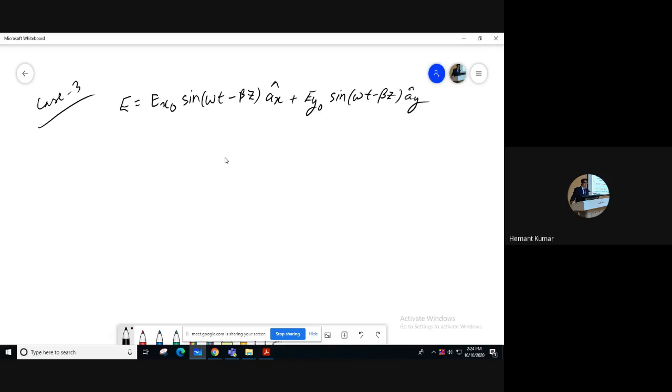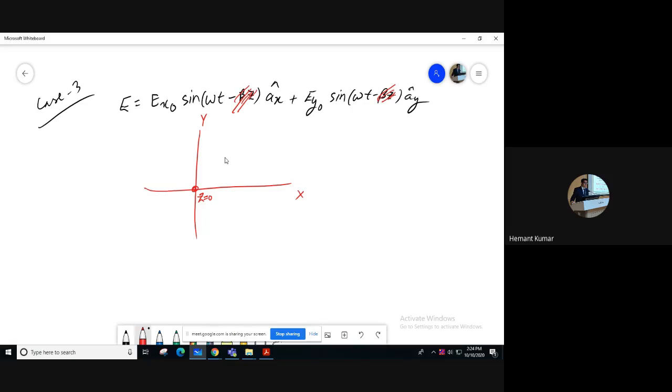So if you see, there are two components. So what is the polarization of the wave? First, to find out the polarization of the wave, you just put z equal to 0. You just remove this portion, right?